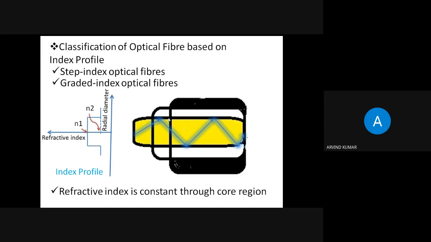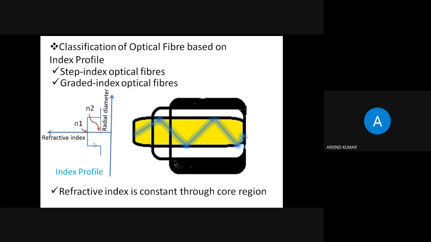As we reach the core cladding interface, there is a sudden change in the refractive index from n1 to n2. So in this type of fiber, where the refractive index is constant throughout the core region and there is a sudden change at the core cladding interface, we call it a step index optical fiber.